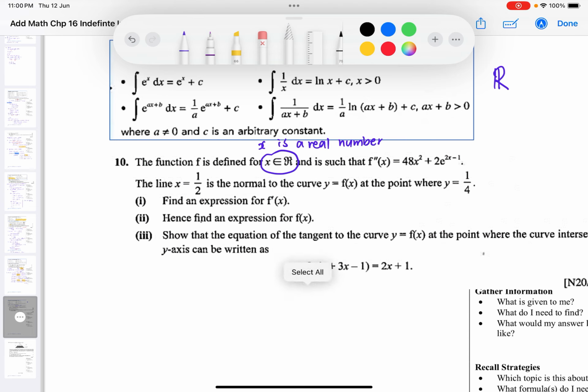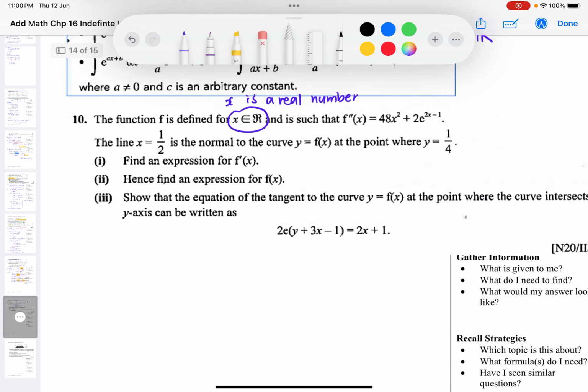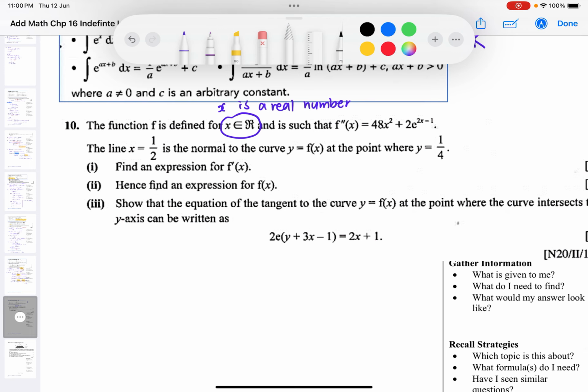So you have to try to visualize what this means, because it's going to be useful to you as you solve the question later on. What is this concept of normal? What does it mean by a normal? And what is this line x equals to half? What does it look like? You have to be able to visualize it.